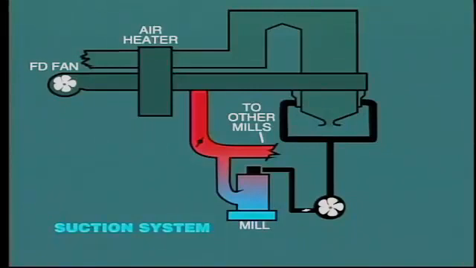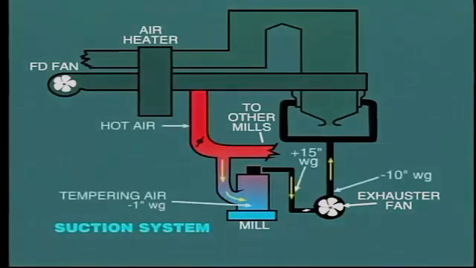The alternative arrangement is to place the fan, now known as an exhauster fan, downstream of the pulverizing mill. This creates a negative pressure which sucks in hot forced draft air and tempering air from atmosphere to provide primary air. As the mill now operates under a slight negative pressure, any leakage will be of air into the mill. But as with all things, there is a downside.